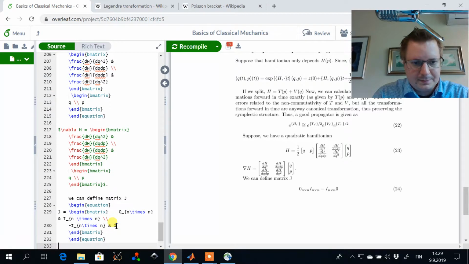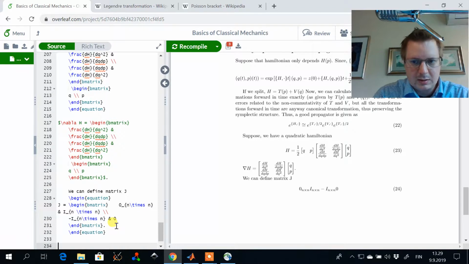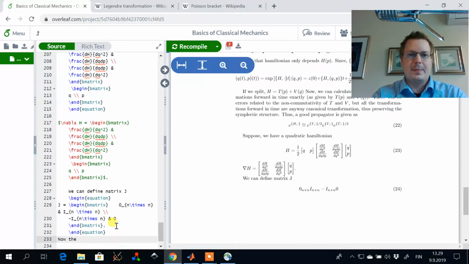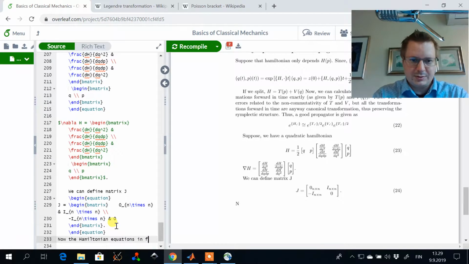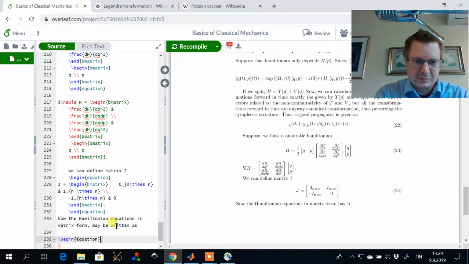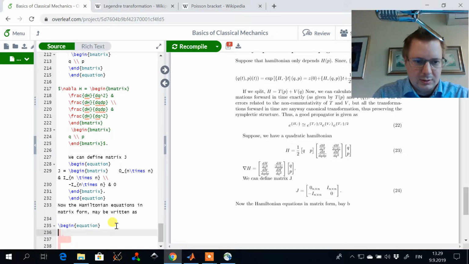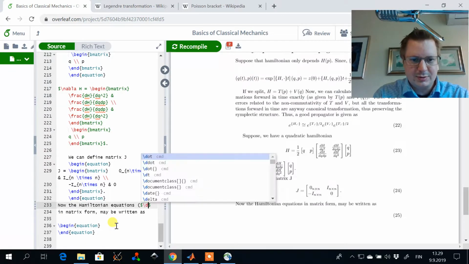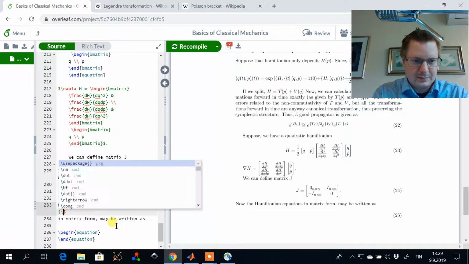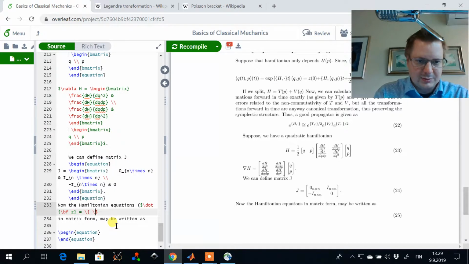Now the Hamiltonian equations in matrix form may be written as, the Hamiltonian equations as such, those were dot z equals to the Poisson bracket of the Hamiltonian with respect to z.